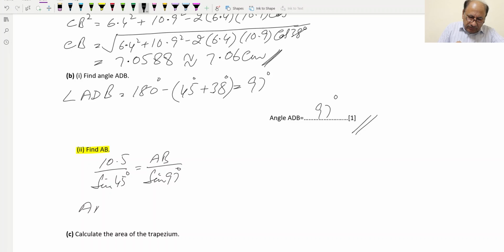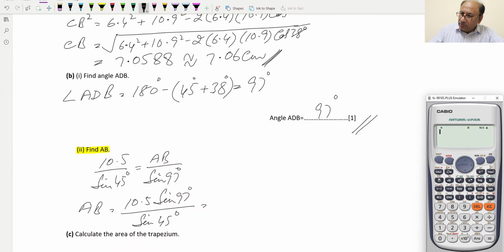So this implies AB will be equal to 10.9 sine of 97 degrees over sine of 45 degrees. And for this calculation, your calculator should be in degree mode. So 10.9 sine of 97 over sine of 45, bracket close.